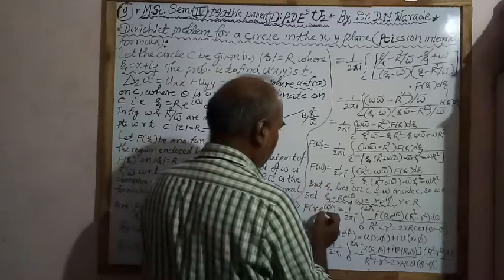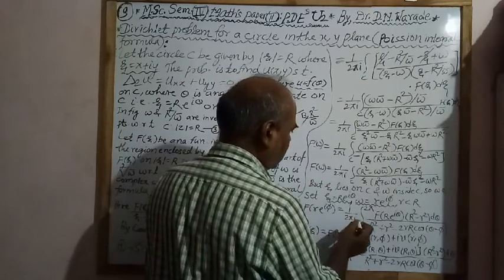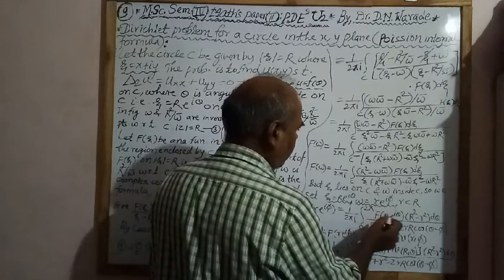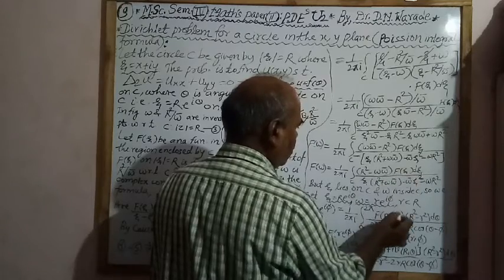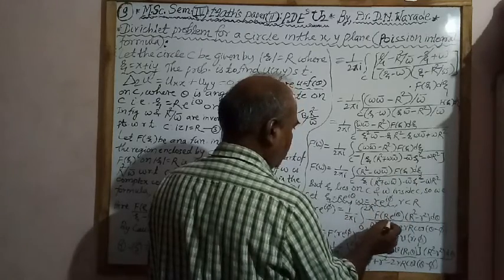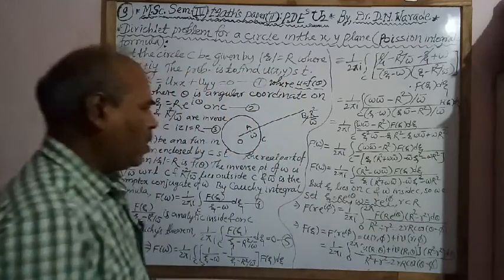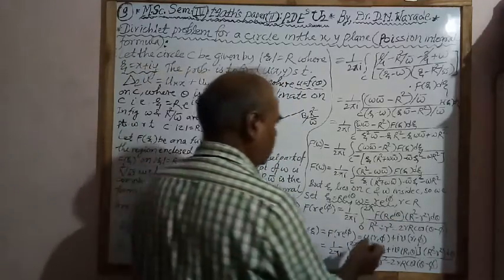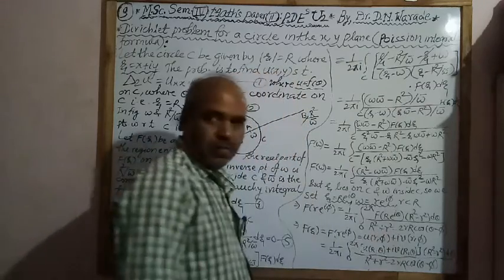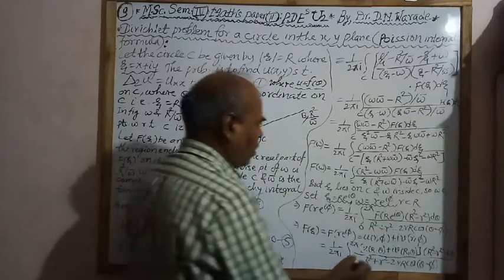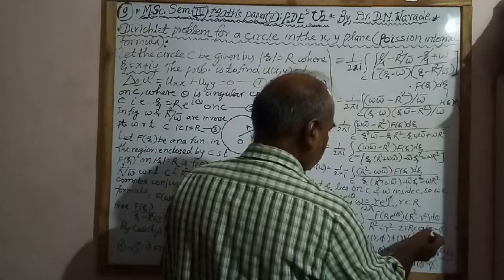Therefore put the value f of r e to the power i phi equal to 1 upon twice pi i, f of r e to the power i theta, we put here xi equal to r e to the power i theta, R square minus r square into d theta divided by r square plus r square minus twice r cos of theta minus phi.